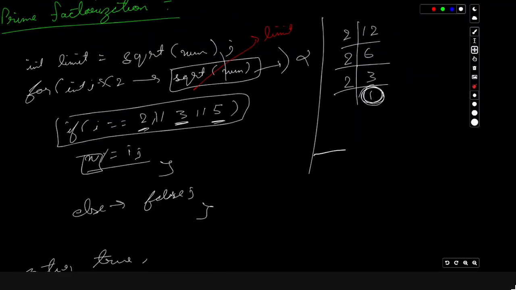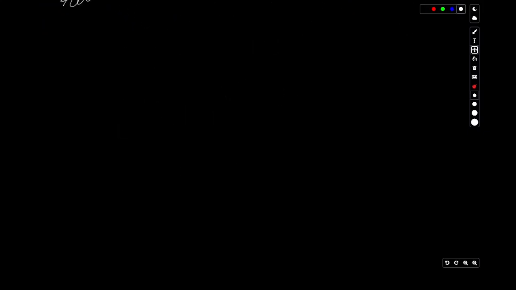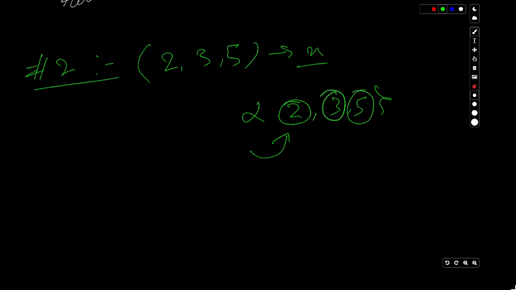That's fine. Now the second approach that we can try is continuously dividing a particular number by all of these 2, 3 and 5. We can update n every time. We can take a vector in which we have 2, 3 and 5, and divide a particular number again and again by 2, again and again by 3, and again and again by 5.